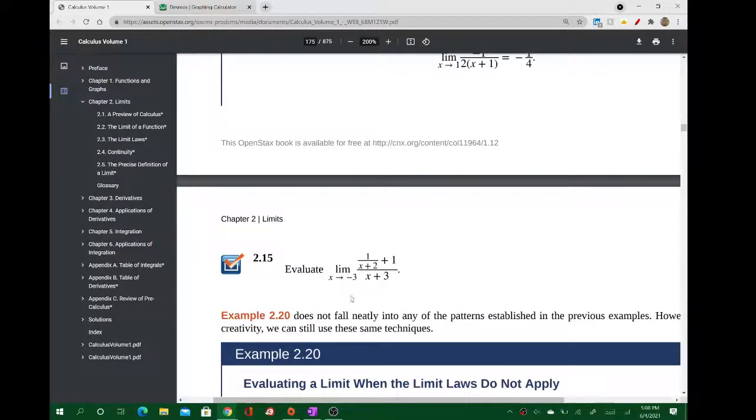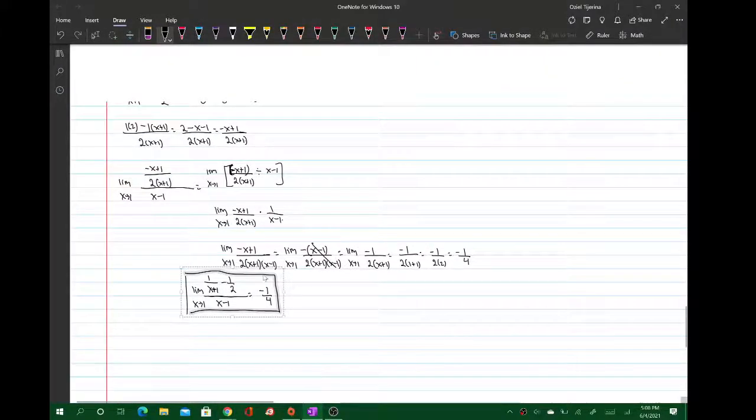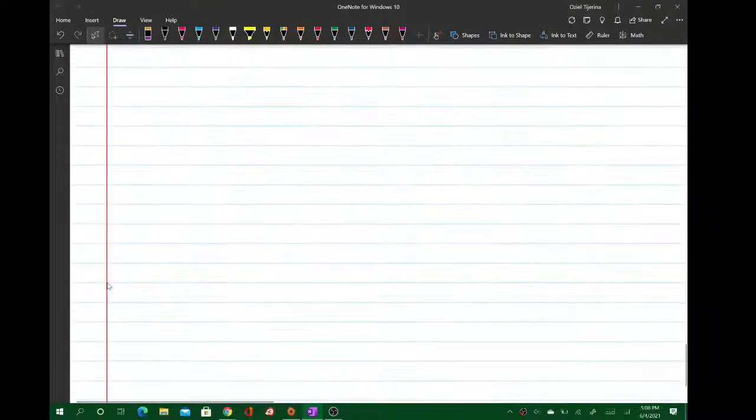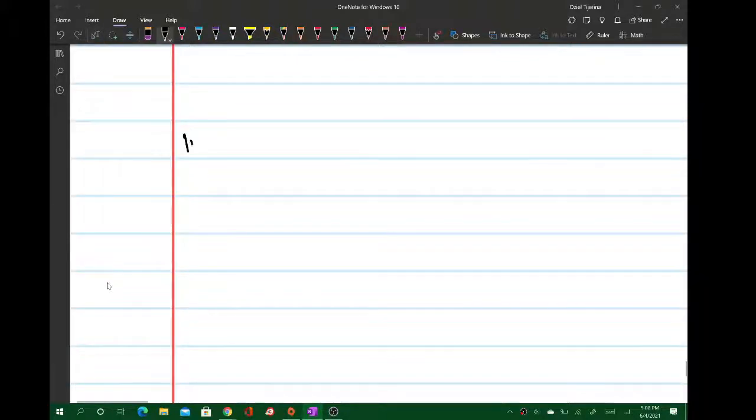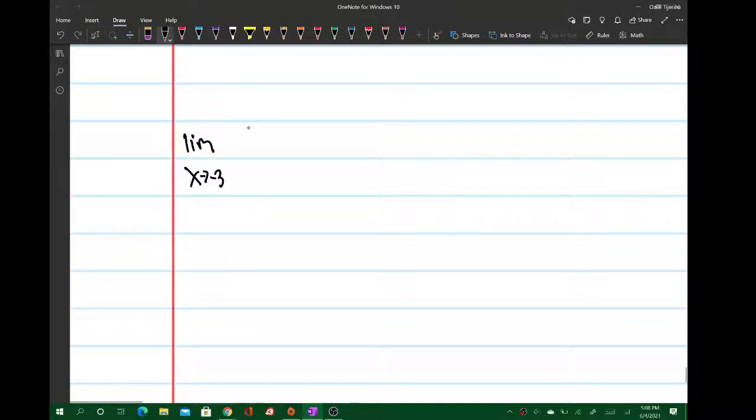Let's do this one. The limit as x approaches negative 3 of 1 over x plus 2 plus 1, all over x plus 3, I think.